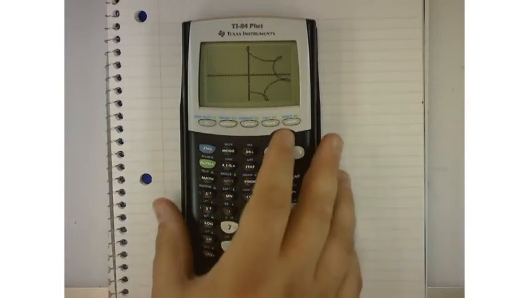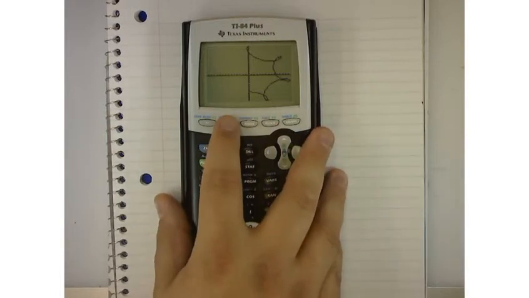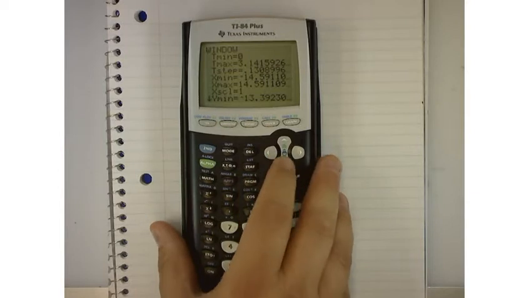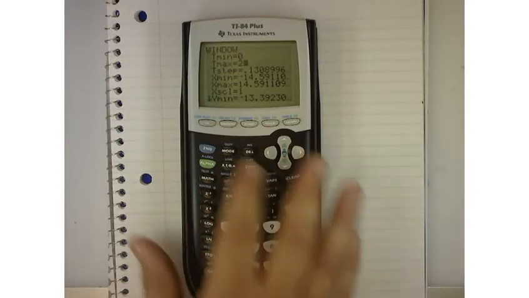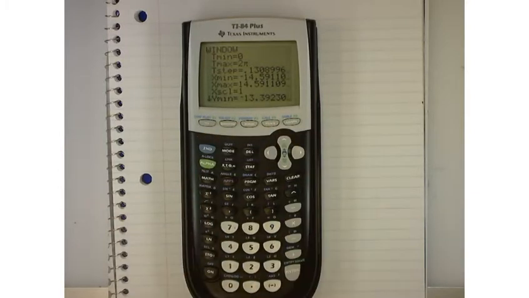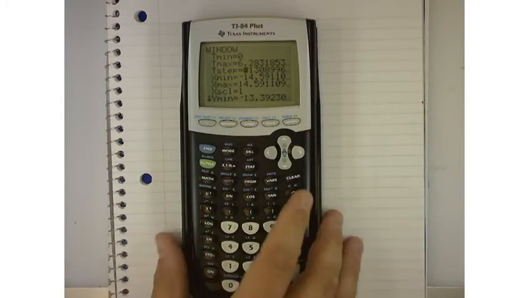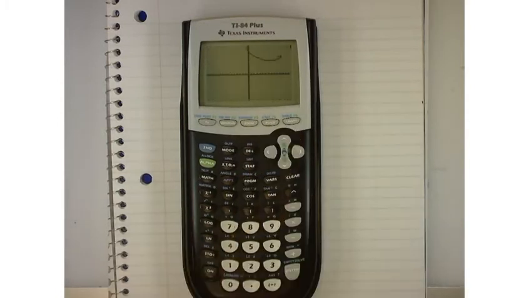So I could go to window again, and here I would say 2 times pi, and your calculator will automatically convert it to the decimal. Then if you hit graph, it'll go in.